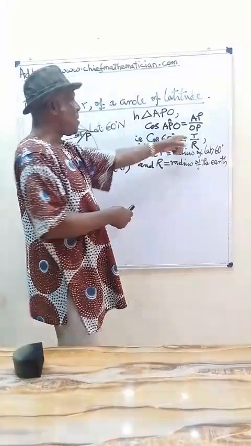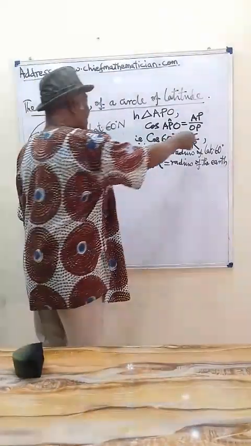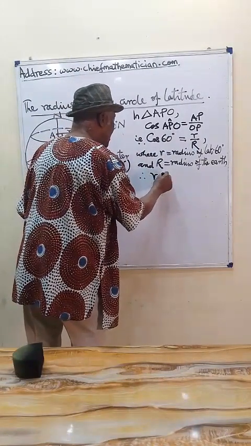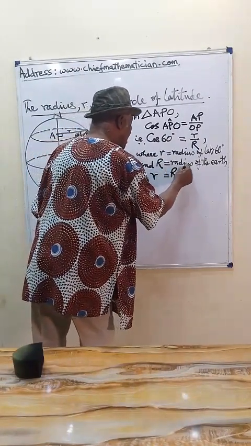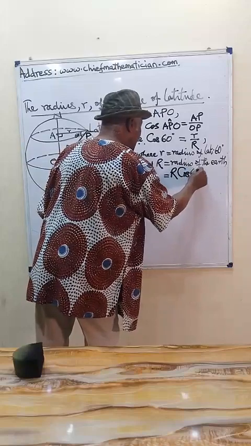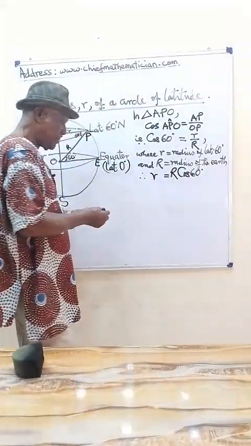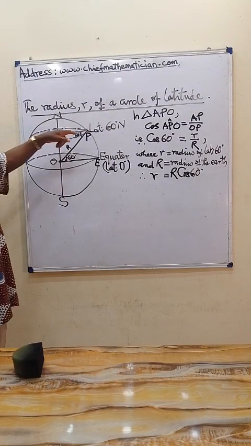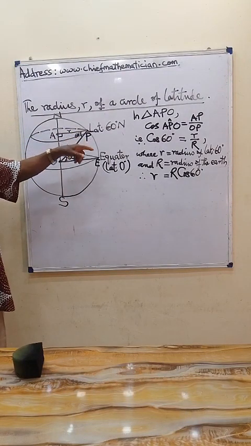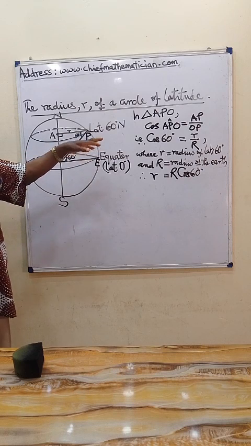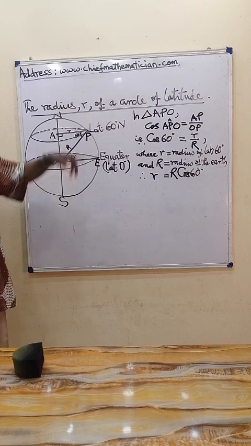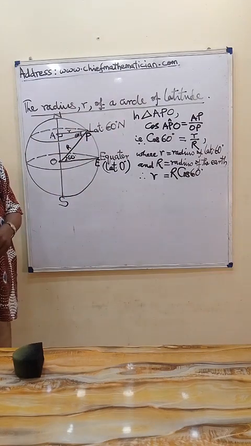And so, from this very equation, small r is equal to capital R multiplied by cosine 60 degrees. In other words, the radius of the circle of latitude 60 degrees is equal to the radius of the earth multiplied by cosine 60 degrees.